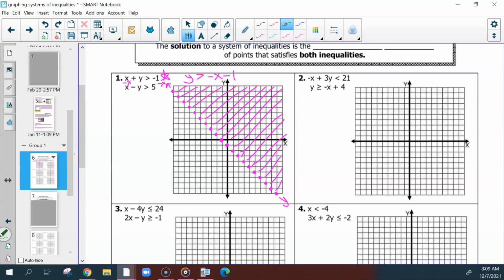So subtract x on both sides for that one. But for that one, we need to divide everything by negative 1. So then our sign is going to change direction because we're dividing by a negative.